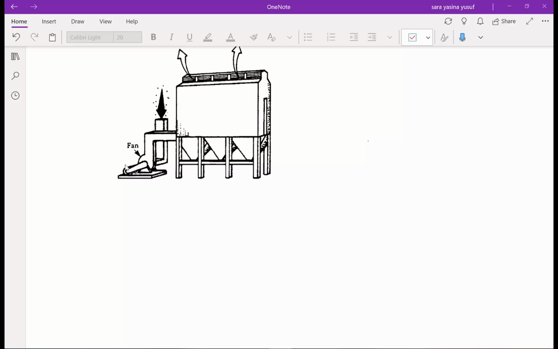So bila blower ada kat sini, so we will get a constant flow rate condition. Okay, and this flow rate will fix the filter at a pressure that steadily increases during the filtration. So tadi pressure drop tadi constant, now pressure drop will increase.